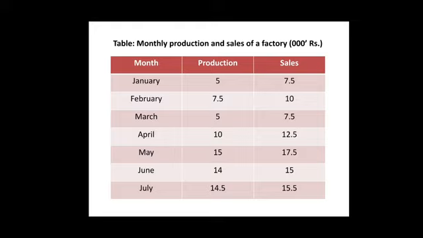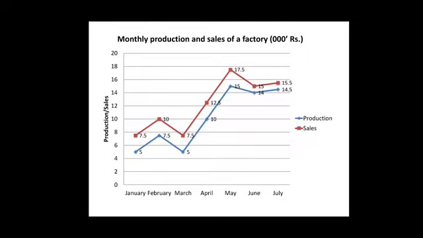One is production of a factory and second one is the sales of a factory, with respect to the independent variable, which is the time period given in months like January, February up to July. So we can represent this data in the form of a two variable graph as shown in this figure.